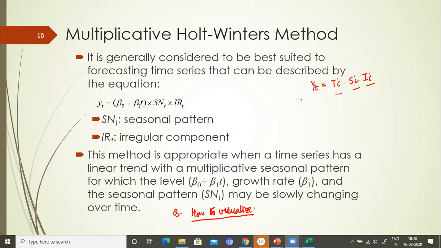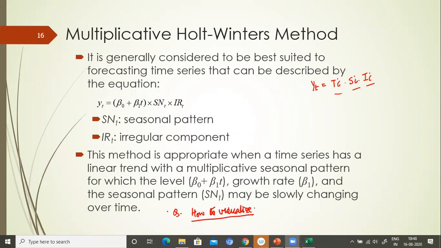In the multiplicative format, we have the trend component multiplied by the seasonal component multiplied by the irregular component. The trend is given by beta 0 plus beta 1 t. Therefore, it's beta 0 plus beta 1 t multiplied by SN t multiplied by IR t. IR is nothing but the irregular component. This method is appropriate when a time series has a linear trend with a multiplicative seasonal pattern for which the level beta 0 plus beta 1 t, growth rate beta 1, and seasonal pattern may be slowly changing over time.